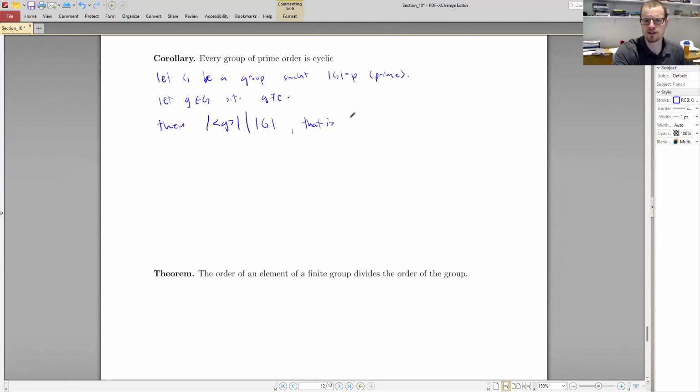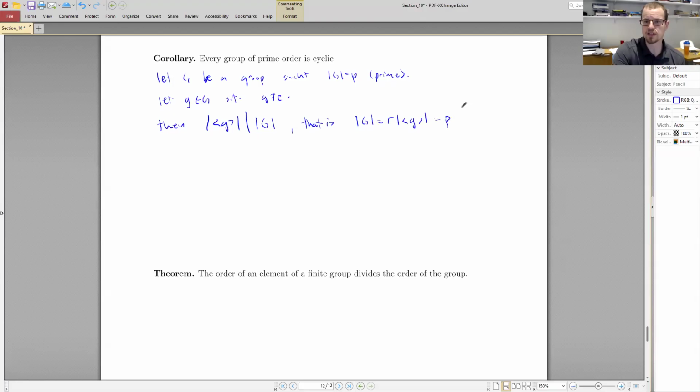That is, the order of G must be written as some multiple of the order of the subgroup. I'm sorry, I wrote that backwards. There we go.